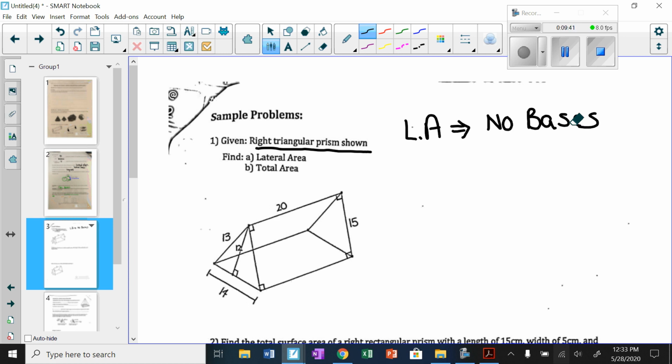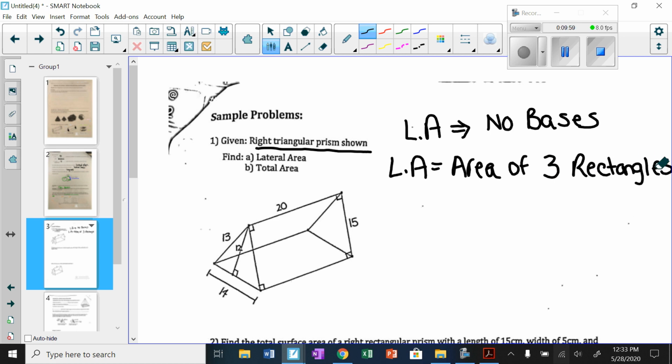So the lateral area is going to equal the area of three, not triangles, sorry, rectangles. And I know they're rectangles, not parallelograms, because it has the word right there.